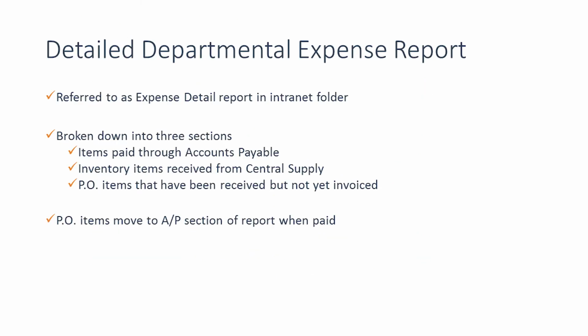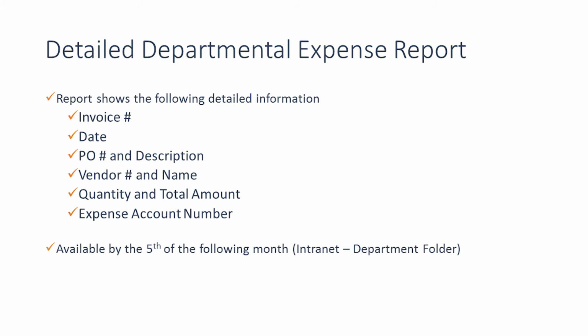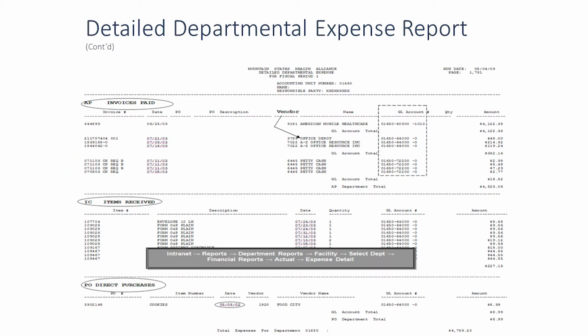The detailed departmental expense report breaks down all of the expenses for the month that were paid through accounts payable, inventory items from supply chain, and purchase orders that were ordered throughout the month but weren't invoiced through accounts payable. It shows a lot of the details, and managers are supposed to review this report each month when it's available and make sure that all of these expenses were purchased by them or someone in their department.